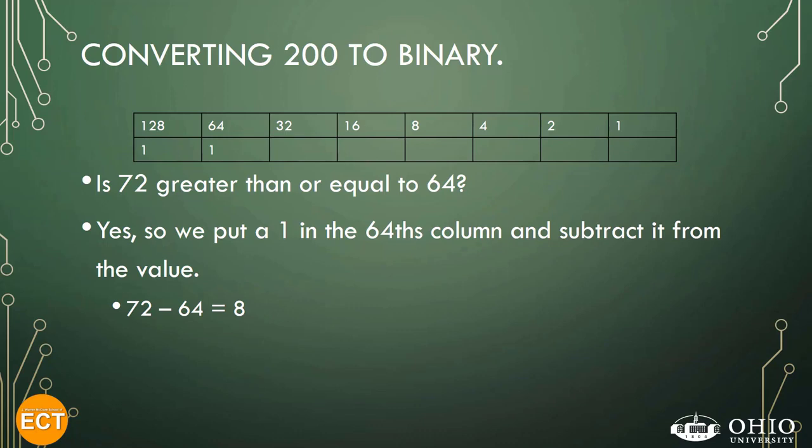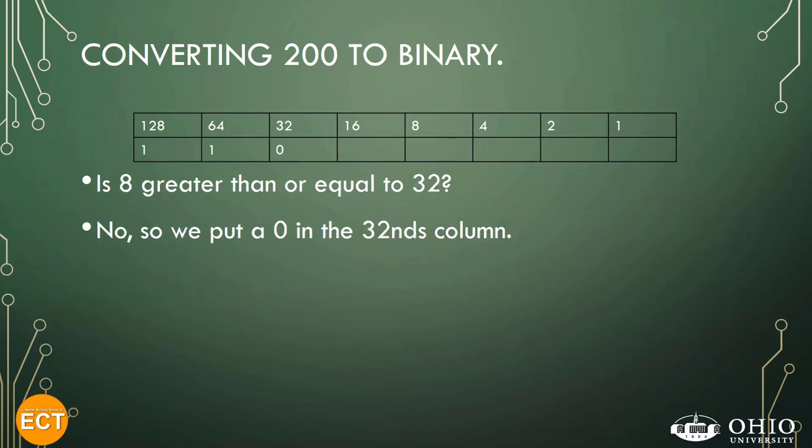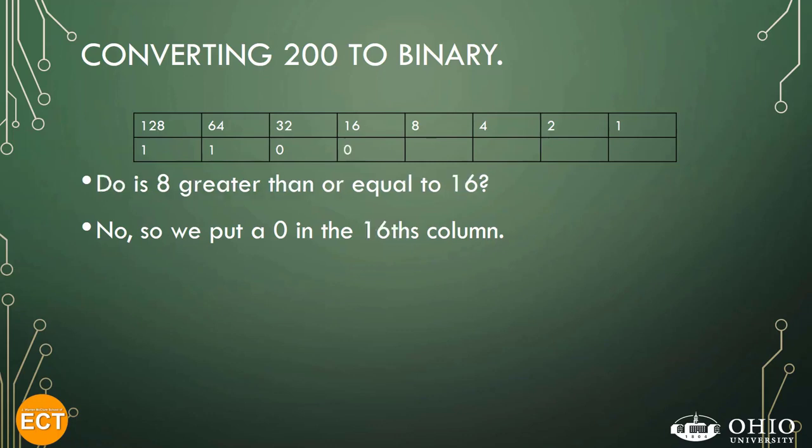We're going to repeat this process. So again, 72 is greater than 64, so we'll place a 1 in the 64th column and subtract that value, leaving us 8. Moving on to the next place value, 8 is not greater than 32, so we put a 0 in the 32nd column and continue on with our 8 value.